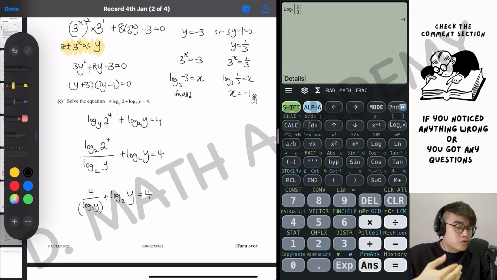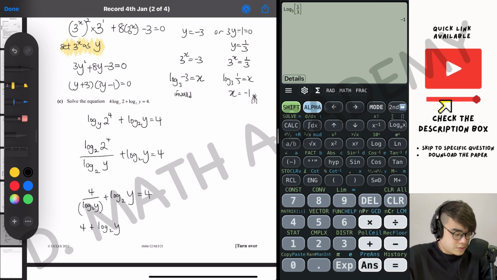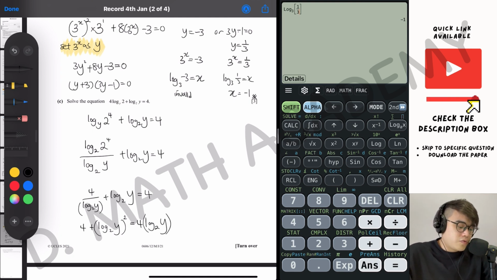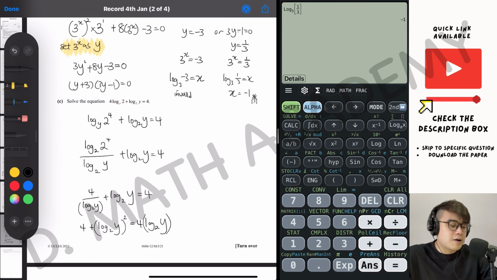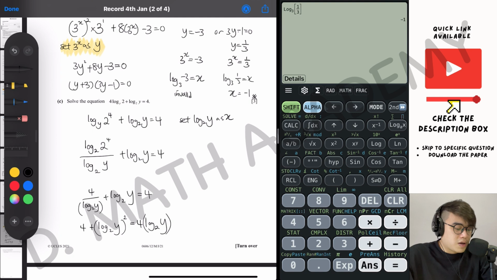So when you clear the fraction away, you will get this as log 2y being squared because it appeared twice, equals to 4 log 2y. From this, you can now replace it if you wanted to. So set log 2y as x maybe. So I got x squared minus 4x plus 4 equals to 0.